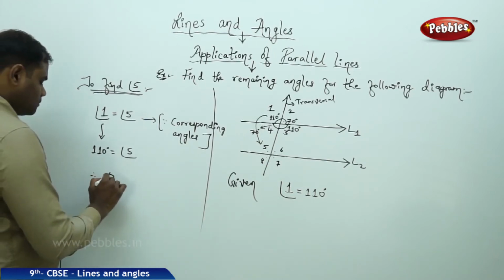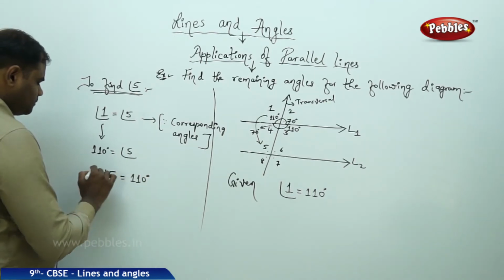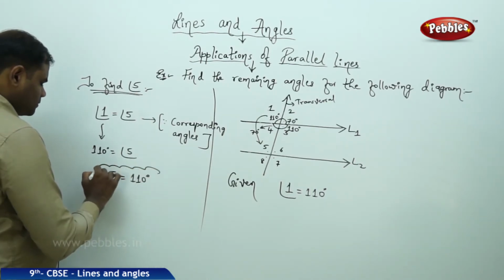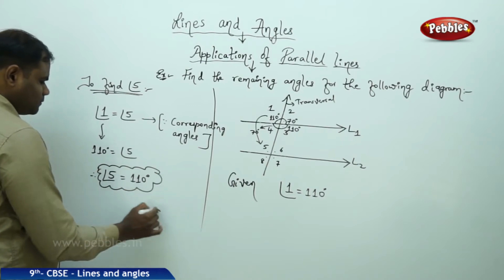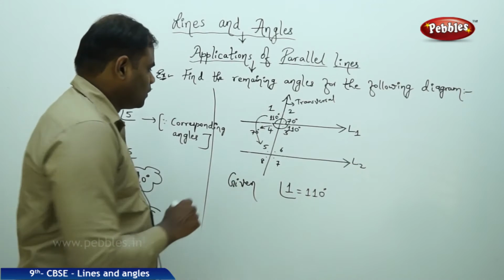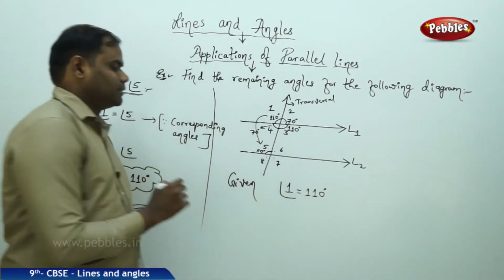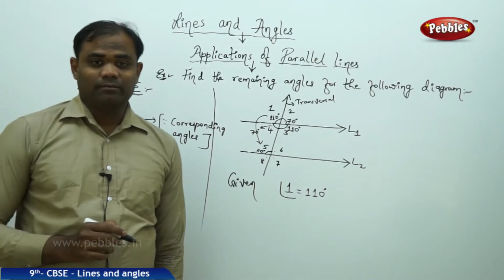Therefore my angle 5 is 110 degrees. Angle 5 is now found to be 110 degrees, and that is how we get angle 5.